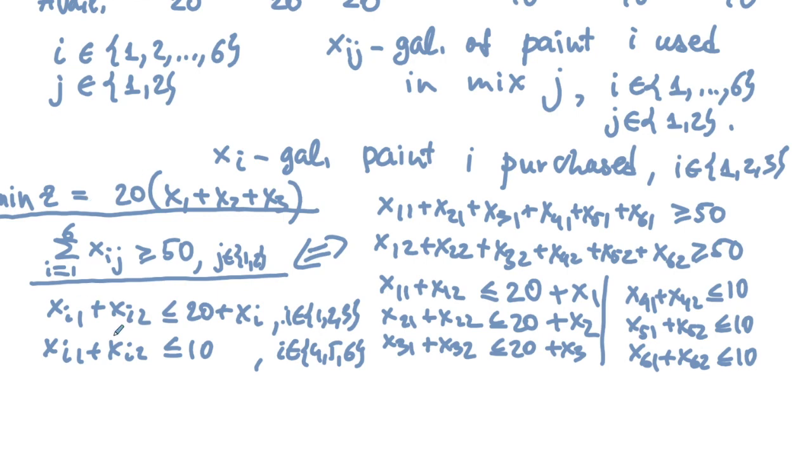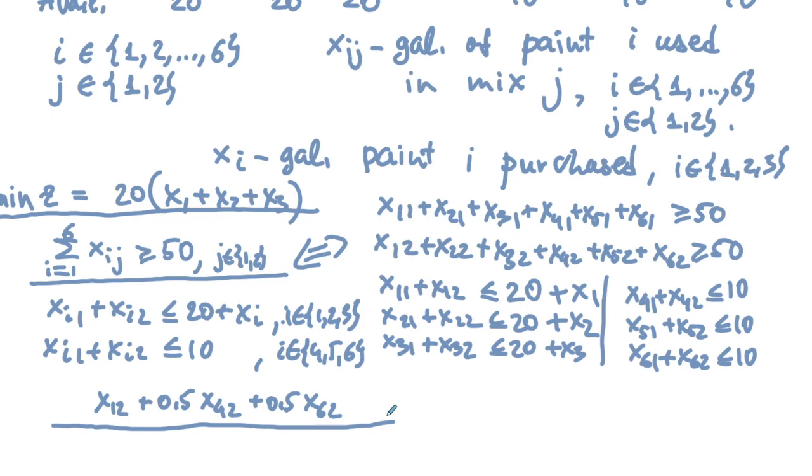So we have x12 is the red that comes from the red paint, and then 0.5 times x42 is the red that comes from the orange paint, and 0.5 times x62 is the red that comes from the purple paint. And now all of this needs to be divided by the total amount of the gray mix in order to determine the proportion of red in the gray mix.